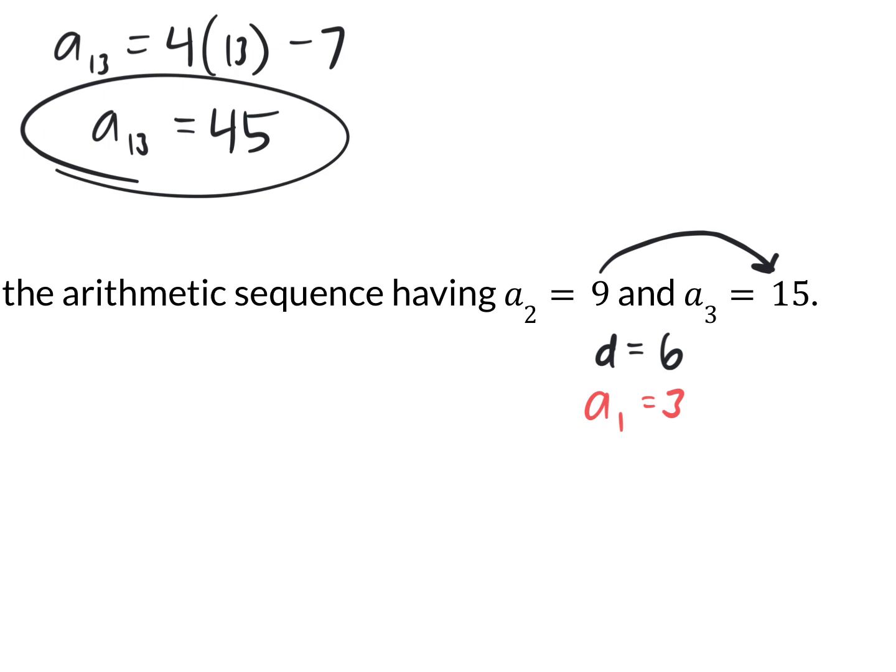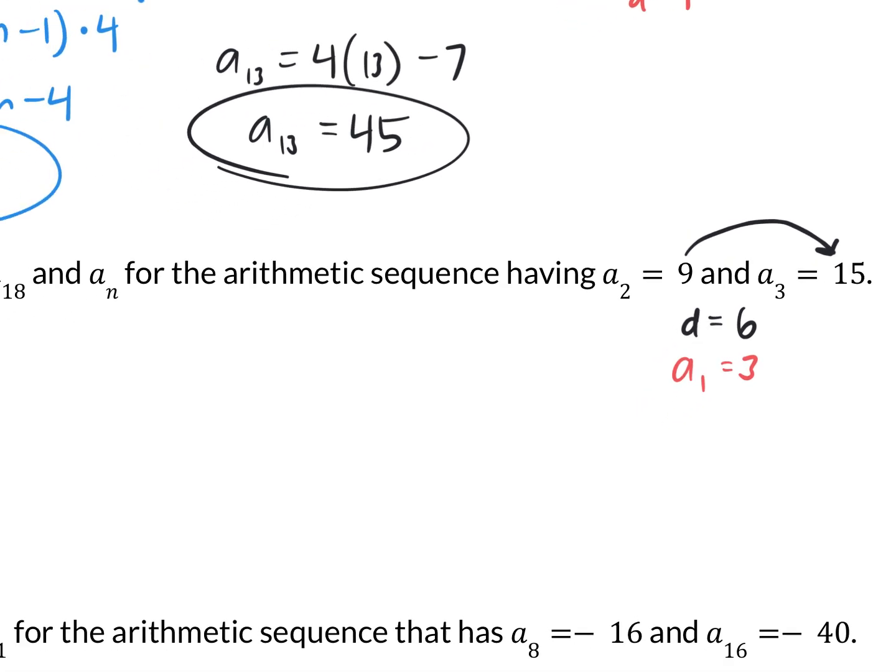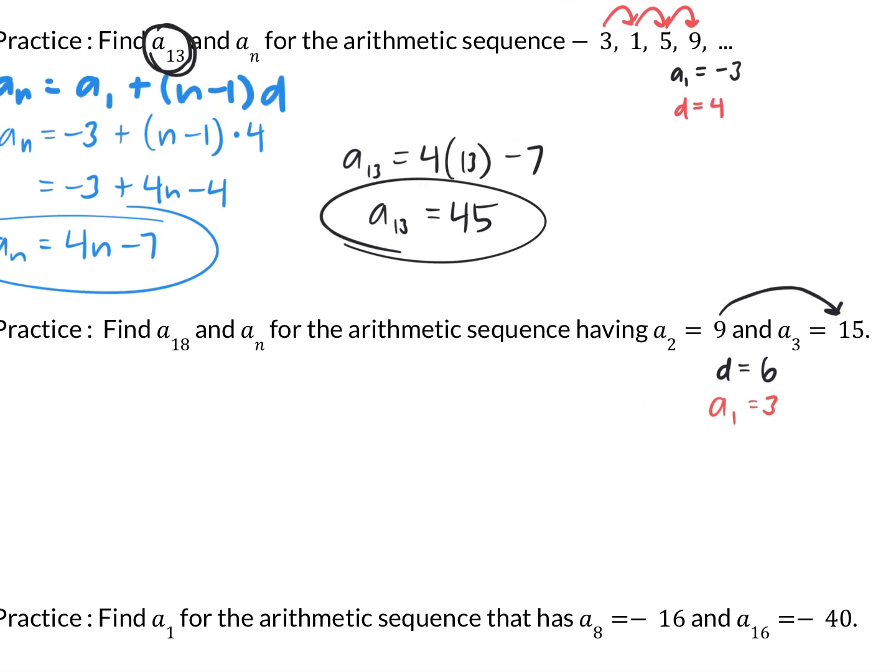And now that we know those two things, the problem is just the same as before, okay? So I'm going to use that formula again, and I'm going to say a sub n is equal to my a sub 1, which is 3, plus n minus 1 times my difference, which is 6. Let's just clean that up a little bit.